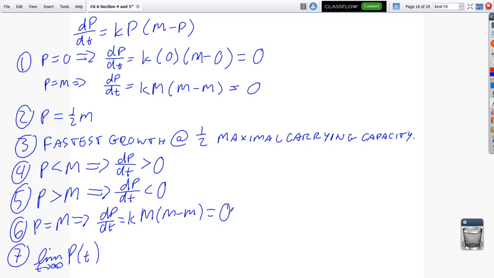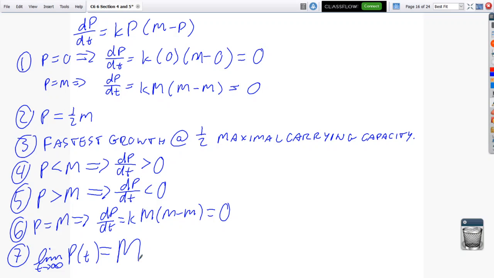So think about that. Population smaller than your maximal carrying capacity, we're going to grow until we reach a growth rate of 0. And that growth rate of 0 happens at m. If we start with a population bigger than our maximal carrying capacity, we're going to decay until we get to a growth rate of 0, which occurs when p equals m. So the limit as t approaches infinity of P of t is going to be equal to the maximal carrying capacity.